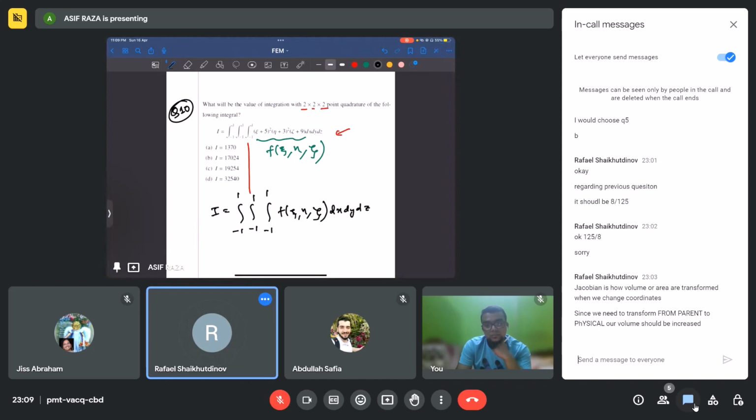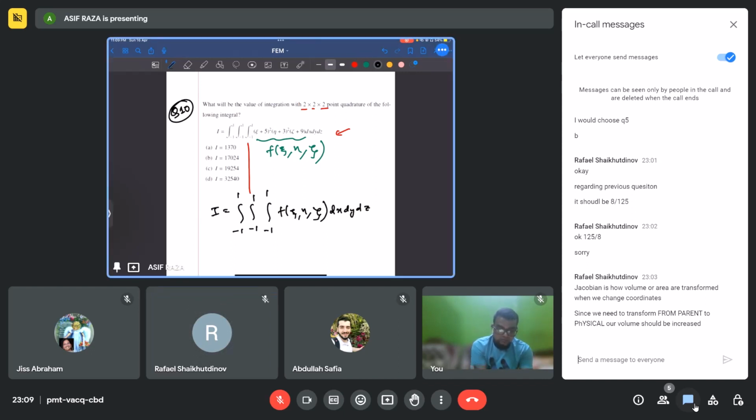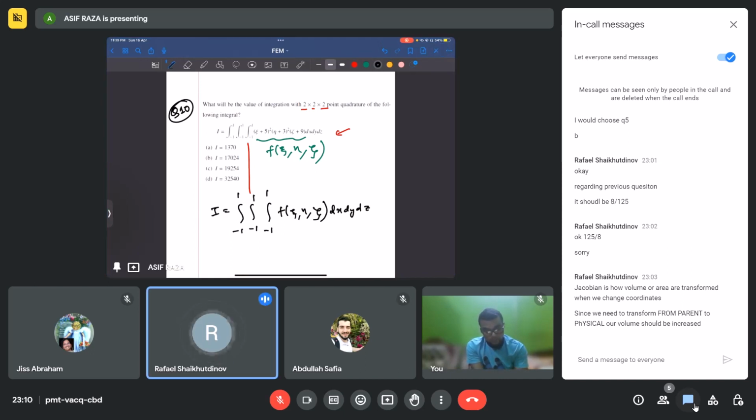It's not multiplied by the Jacobian. This creates some confusion here, because it's not stated that we need to multiply by the Jacobian.